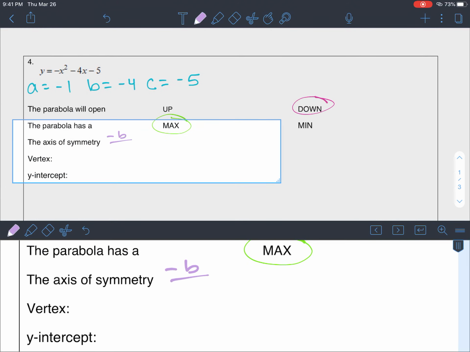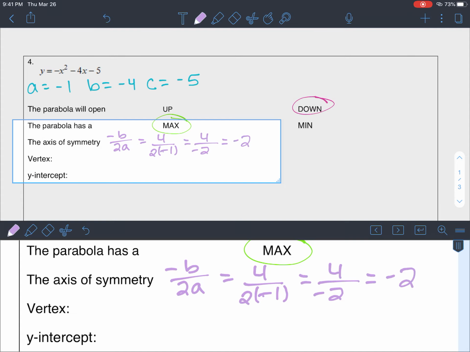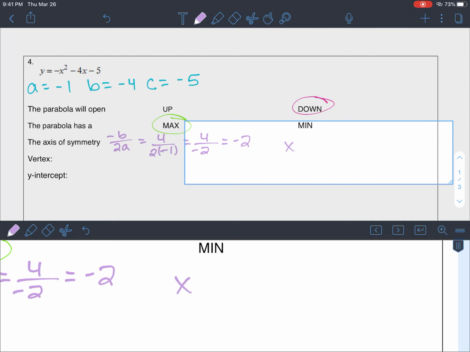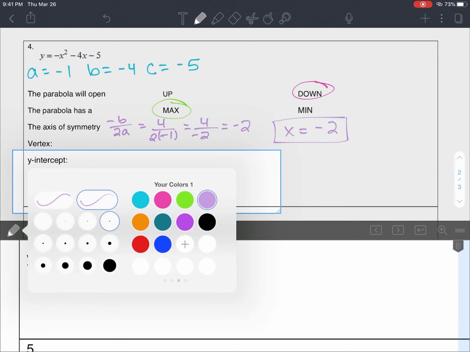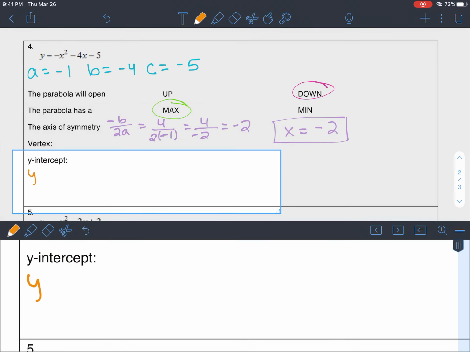Axis of symmetry: 4 over negative 2, which is negative 2. So my axis of symmetry is on x equals negative 2. Vertex comes from plugging things in.